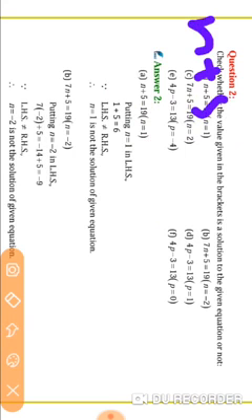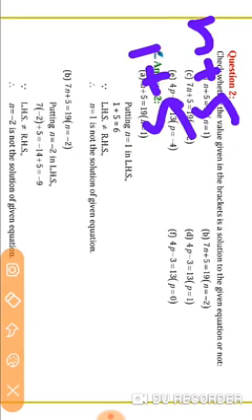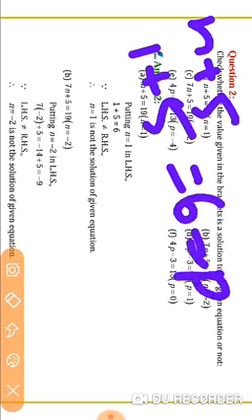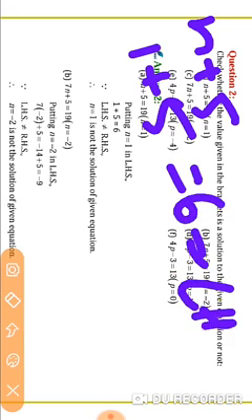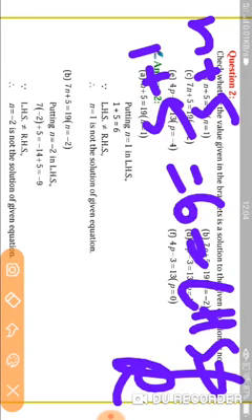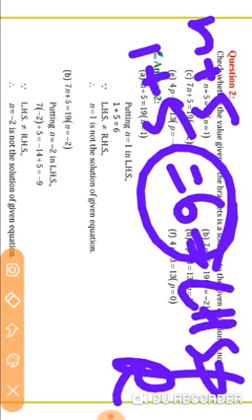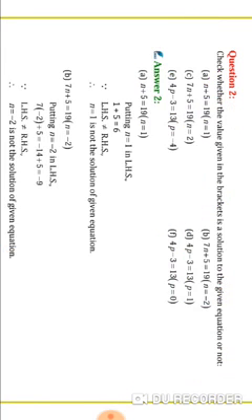In place of n, if I substitute 1, what does it become? Is it not 6? Yes. But that is the LHS now. In the RHS, what happens? It is not equal to the RHS because it is 19, but we got 6. So it is not a solution.